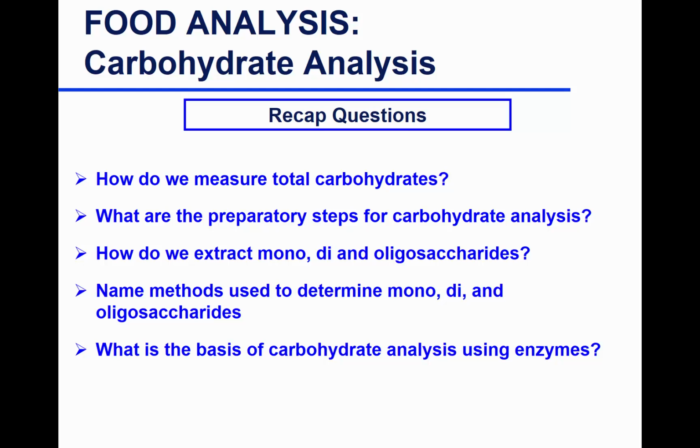So what are some of the methods you can use to determine monosaccharides and oligosaccharides? Vaidi already said enzymatic, so yes, you can do enzymatic. Another set of methods, we talked about it last time, yes?